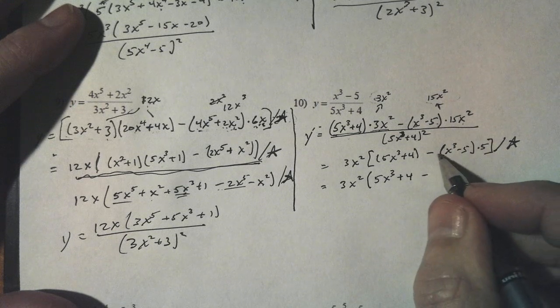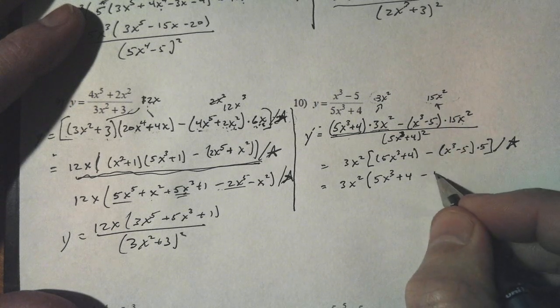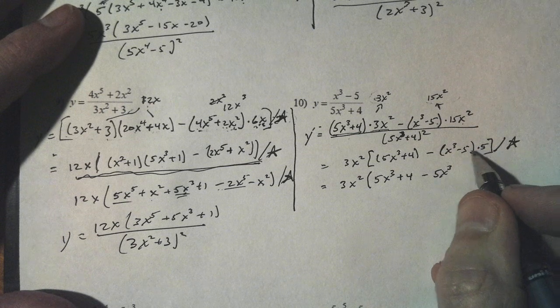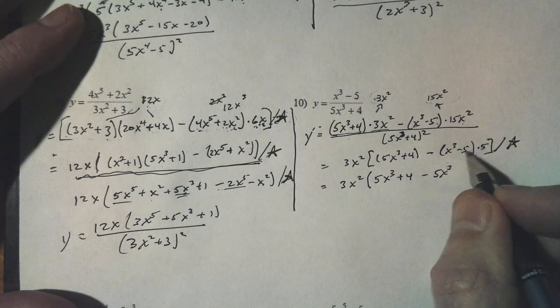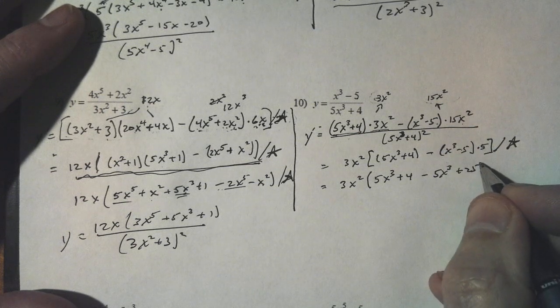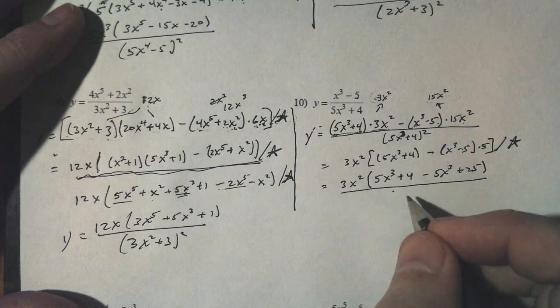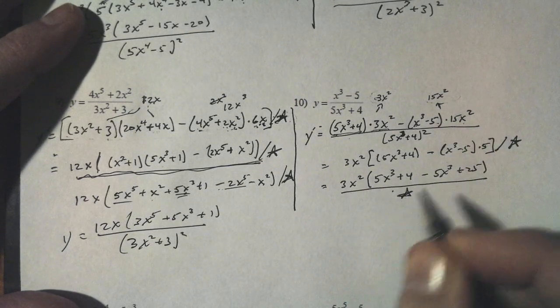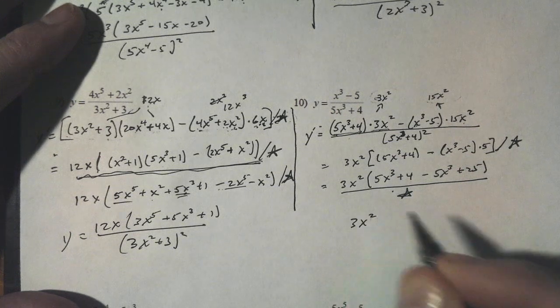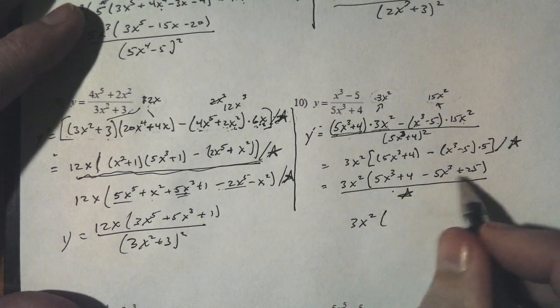Minus distributes to both, so minus 5x cubed minus minus, that's plus 5 times 5, plus 25. Look how nice this one turns out to be. 3x squared. 5x cubes cancel.